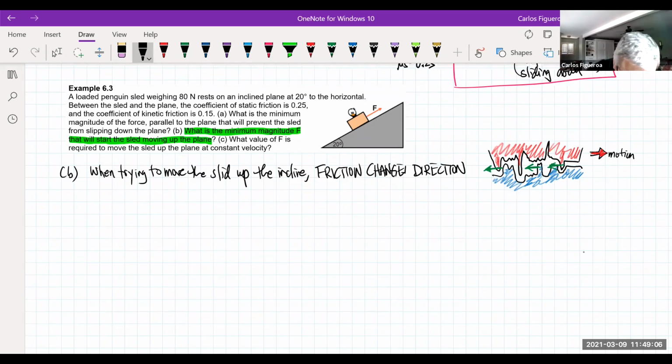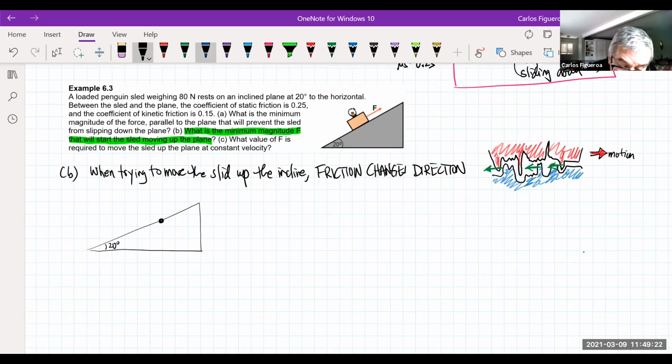So when I go and I look at my incline, I have the same situation as before. So now I have 20 degrees, and here I go. I'm going to replace my blocks.